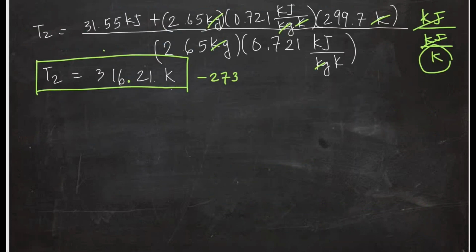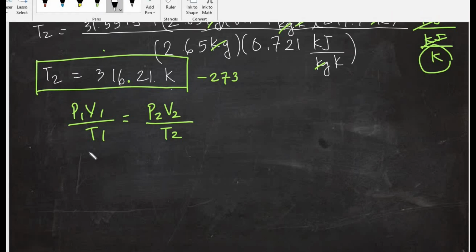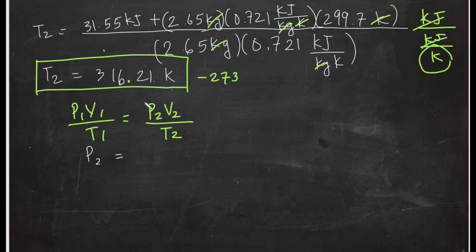So for the pressure, we can use P1V1 over T1 is equal to P2V2 over T2. Okay. And the resulting pressure is pressure sub 2. Pressure sub 2 would simply be P1V1 times T2 over T1 times V sub 2.